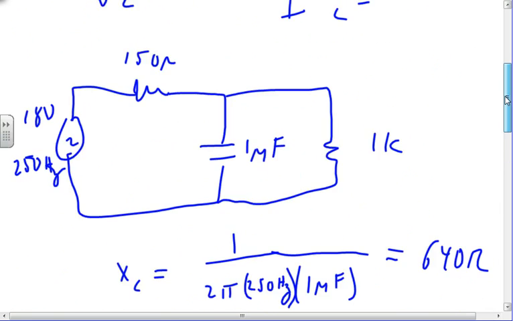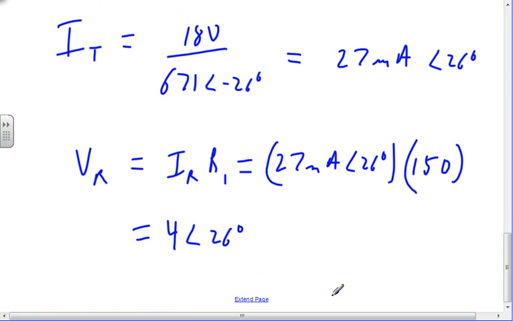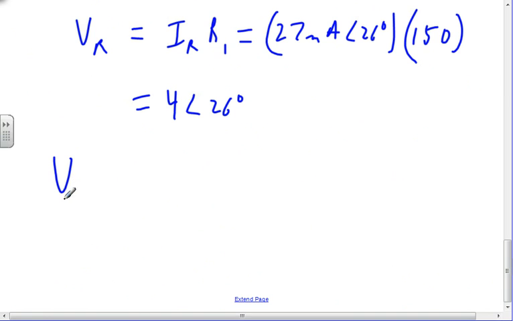Okay, now I'm going to find the voltage across the parallel path. That's going to be 18 volts minus 4 angle 26.